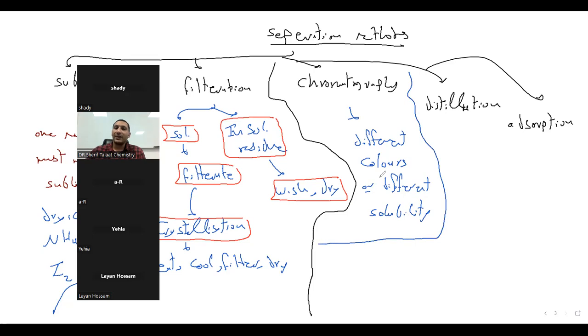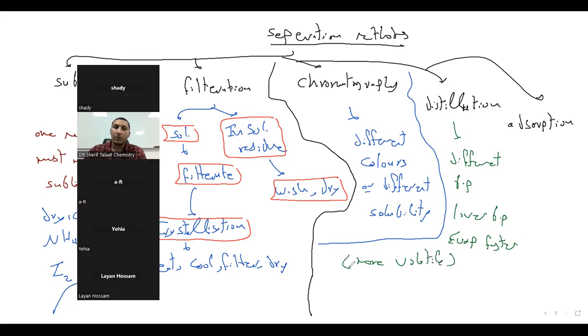After that, distillation. Distillation depends on different boiling points. The lower boiling point evaporates faster. Lower boiling point means the more volatile. More volatile will evaporate faster. Okay.